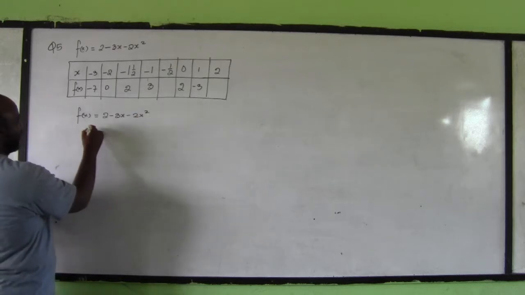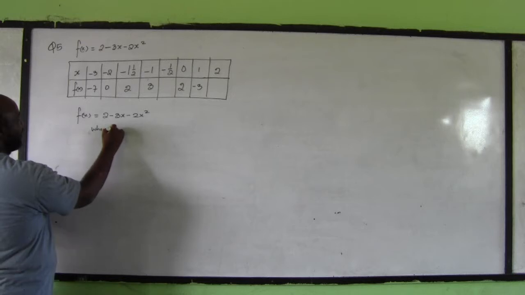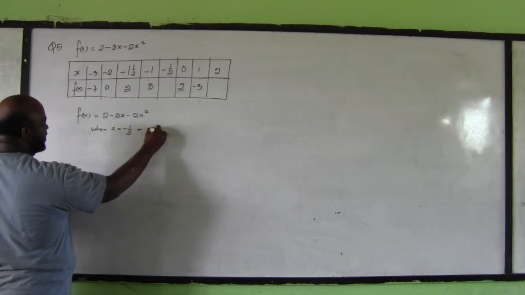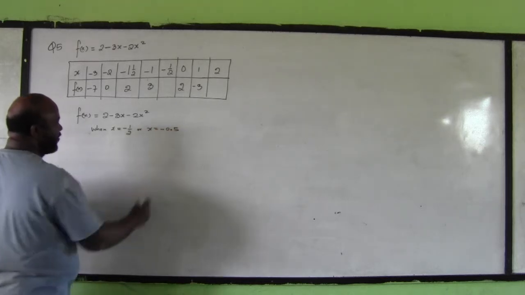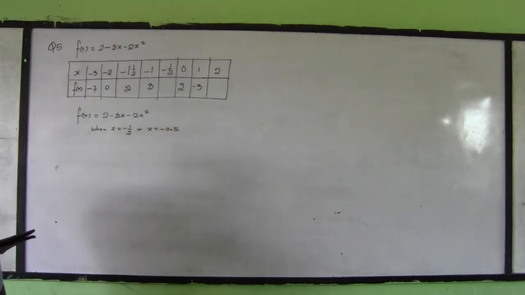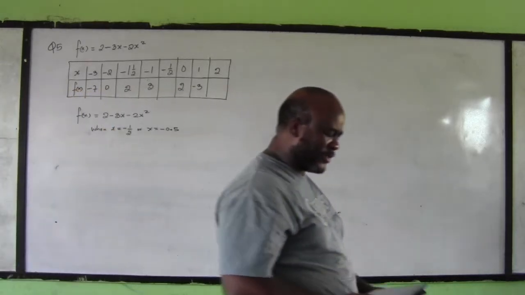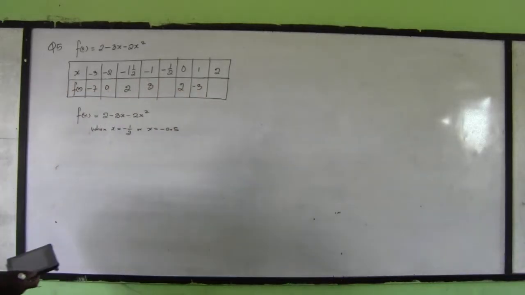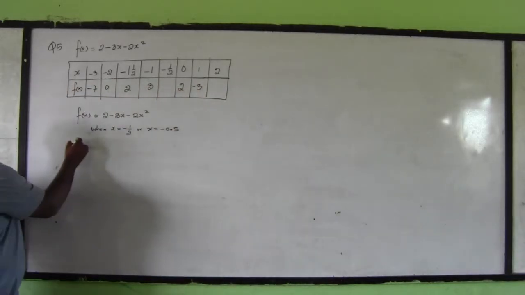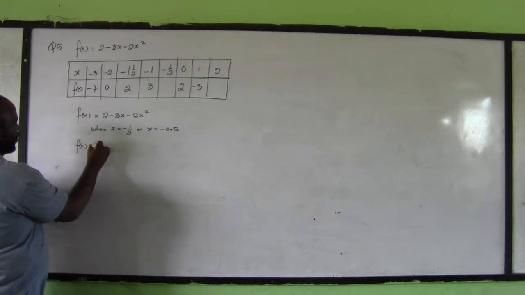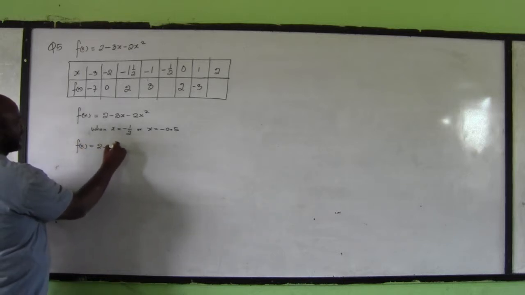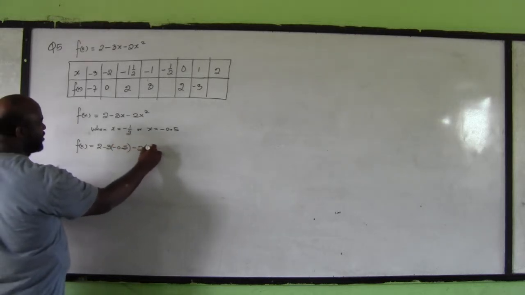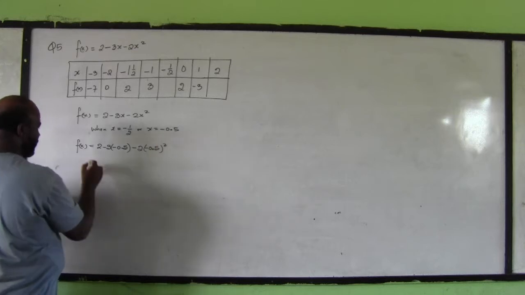I'm going to say when x is equal to minus a half, or I could say when x is equal to minus 0.5. Minus a half is the same as saying minus 0.5. So let's put it in the equation. We have f of x equal to 2 minus 3 times minus 0.5 minus 2 times minus 0.5 squared.